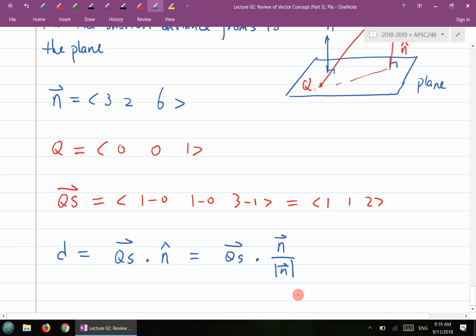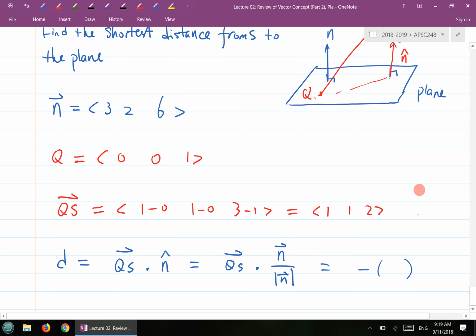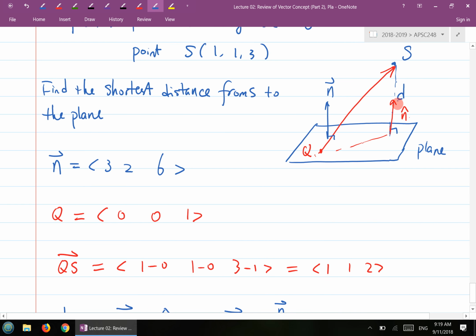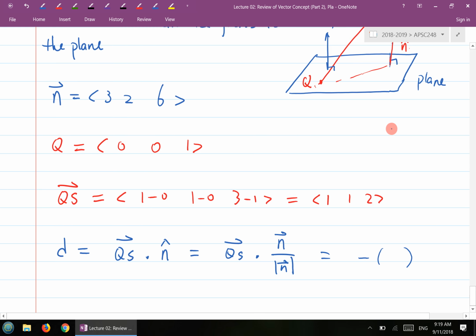Now you just have to be careful. You may end up with a negative number, but that doesn't mean you're doing anything wrong. I illustrated the n hat pointing in this direction, but n hat might actually be pointing in the completely opposite direction. That's why you will probably get a negative number here. So typically you can put an absolute value sign in for the calculation.